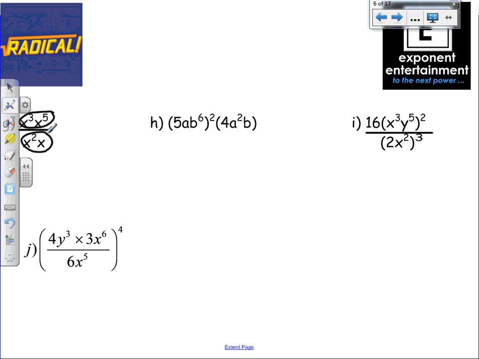So it's x to the power 3 times x to the power 5. You add them together. At the bottom, what would you get? x3. And now we've simplified the top, we've simplified the bottom, we can do the whole thing. x5. So x to the power 8 minus the 3.